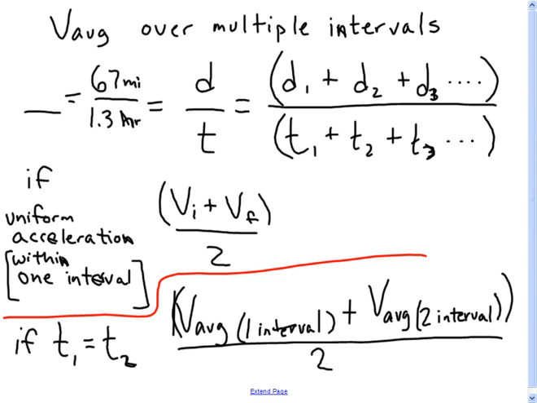And if you do that, you have something we call d sub t and t sub t, total distance and total time. And then you can just divide total distance by total time, and you've got the average speed over multiple intervals. So be careful. When you're looking for an average speed over lots of different kinds of motion, the simplest, most effective way to do it is just to know the total distance and total time. Other ways work if you've got the data for those other ways.